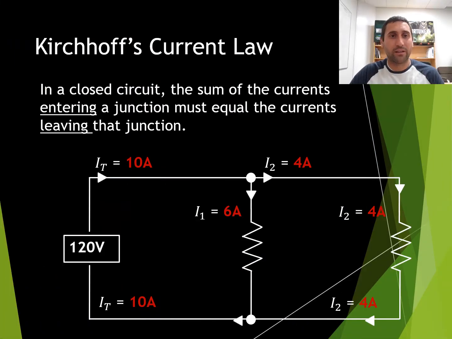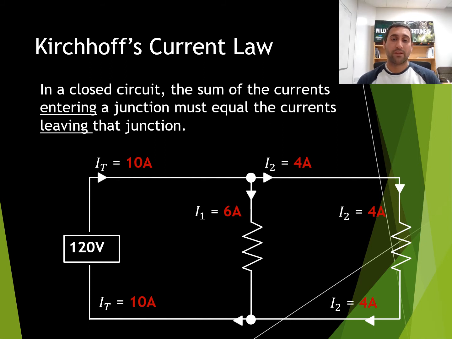How does that look? If we look at the diagram here, we've got our I total is 10. That's leaving our source, and then we get to our node, which is located right underneath that I2. You can see that the current therefore splits or leaves that junction, and 4 amps is being drawn to the final resistor, where 6 amps is being drawn to the first resistor.